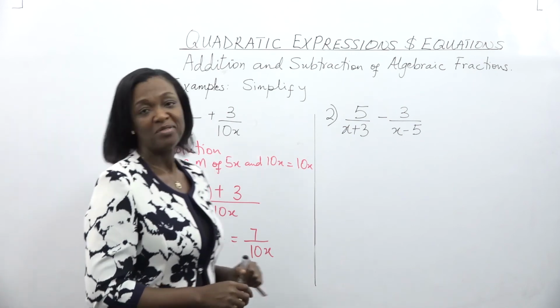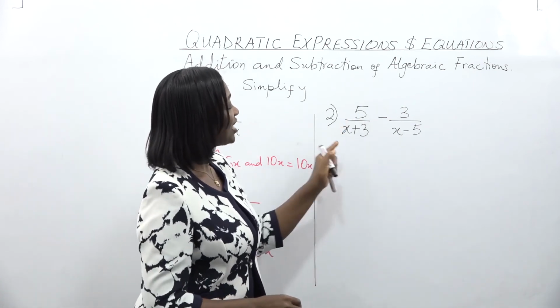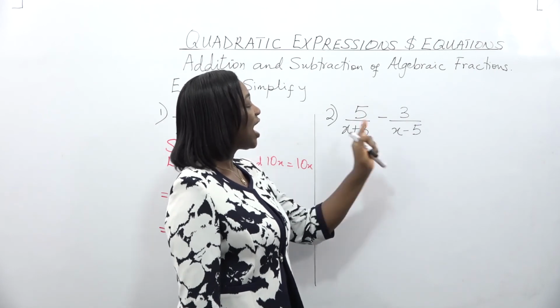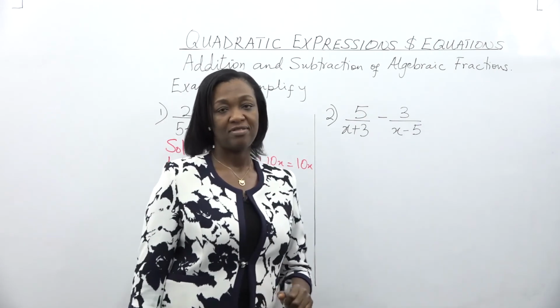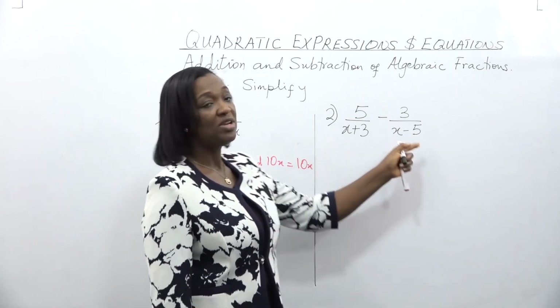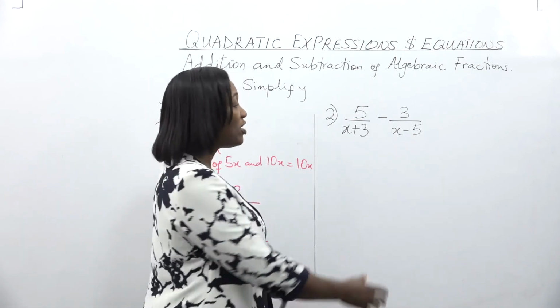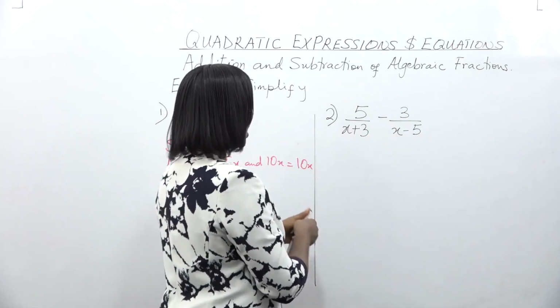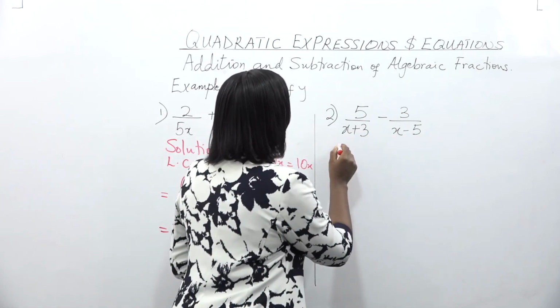In the next one, we have 5 over x plus 3 minus 3 over x minus 5. So what is the LCM of the two denominators? It will be the product of the two denominators. So let's take our solution.